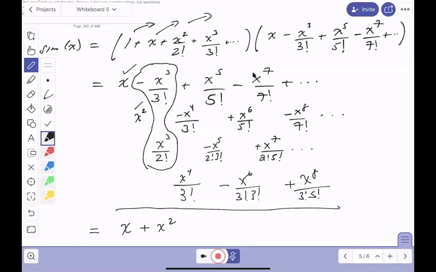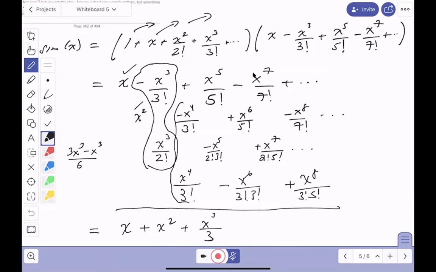Boy, that's a common denominator, isn't it? So that's going to be 2 and 6. 6 would be a common denominator. So 3x cubed minus 1x cubed, which is 2x cubed over 6, which is going to be plus x cubed over 3.